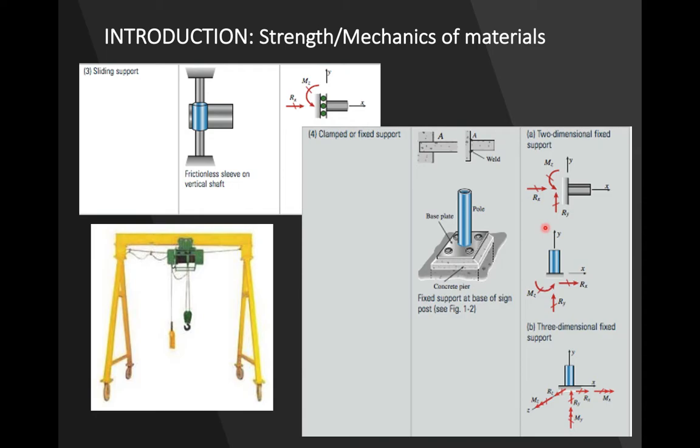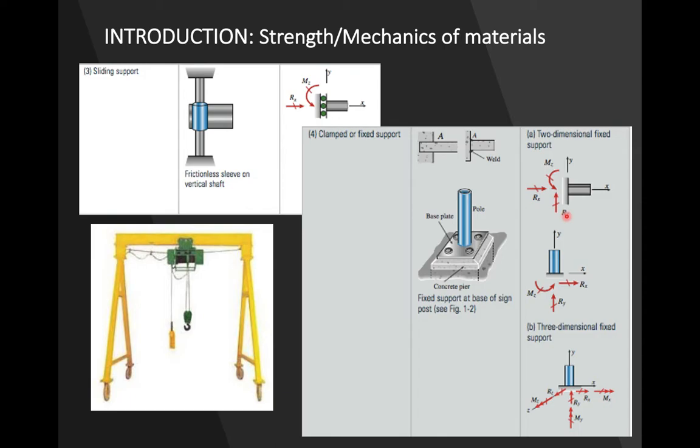So if there is a fixed beam, then how many total reactions will be there? We will discuss that. At one end, if you are analyzing it in two dimensions, there will be three support reactions.